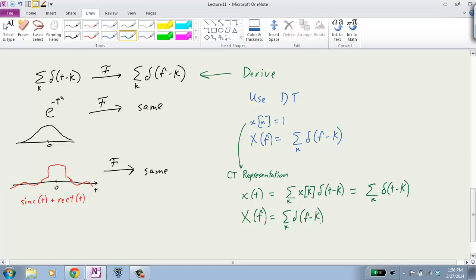Okay, there's another way to get at this. Notice what we did here. We had trouble with delta functions, so we said, let's go through discrete time. Everything works fine in discrete time, and then we can map it over to continuous time. There's another avenue to get at this exact same result. That is, let's start with a continuous time Fourier series.